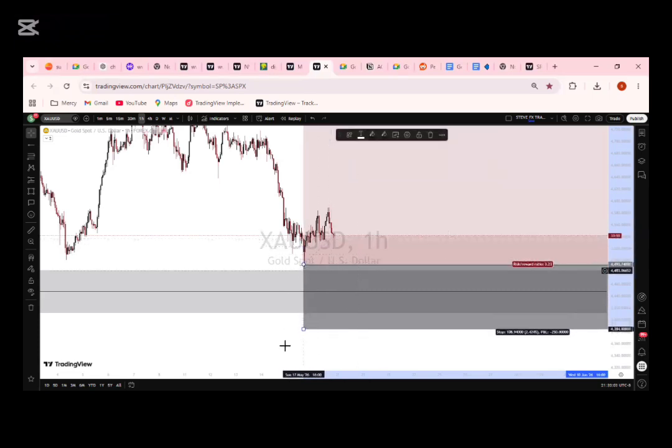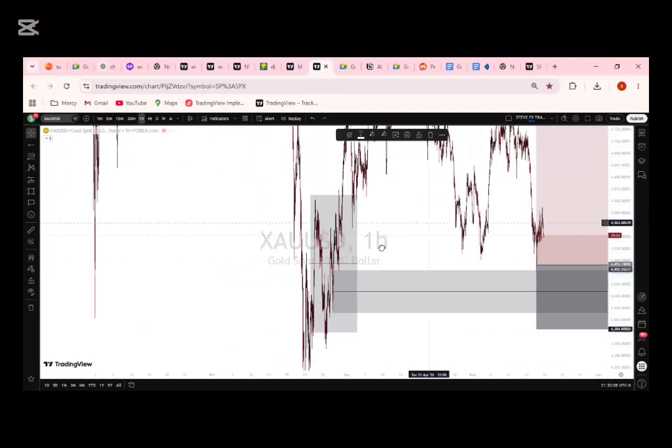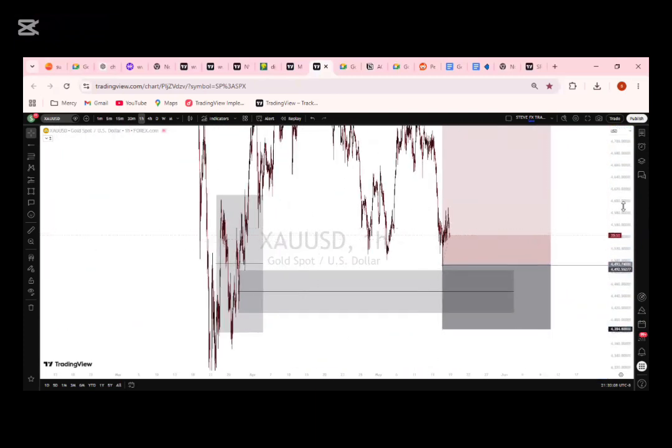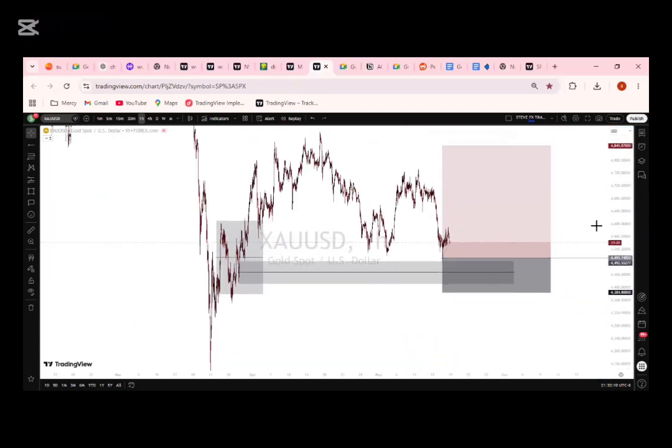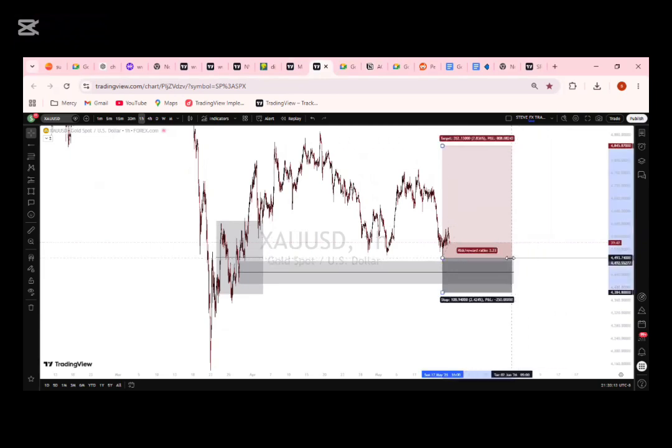That would have been our trade, and what becomes our risk to reward ratio? This becomes our entry, and our stop loss is below that particular range.